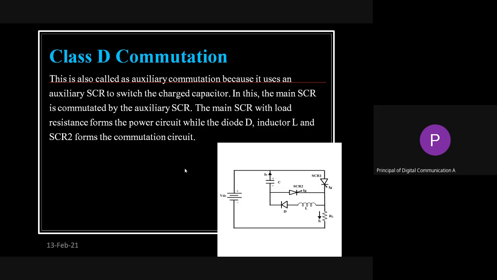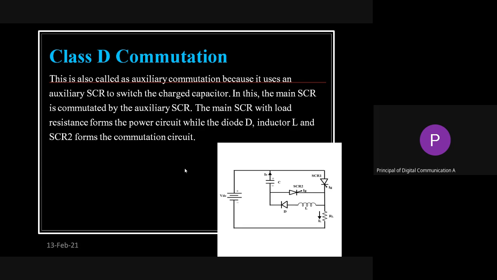So in class D commutation, the first step is that we have to make SCR2 on, that is the auxiliary SCR. The assumption is SCR1 is already on.